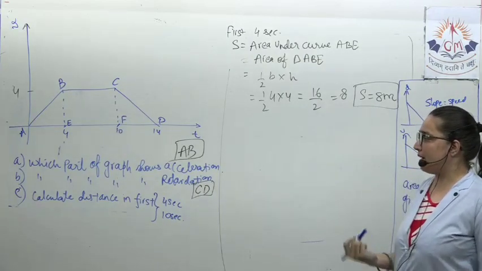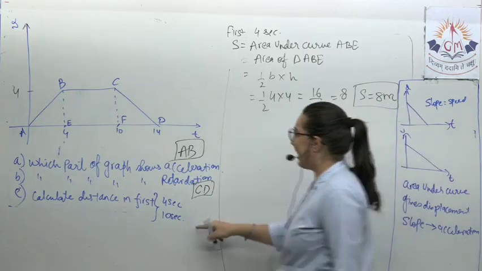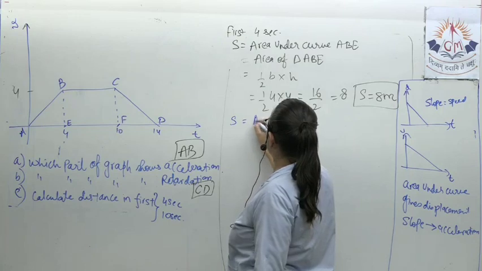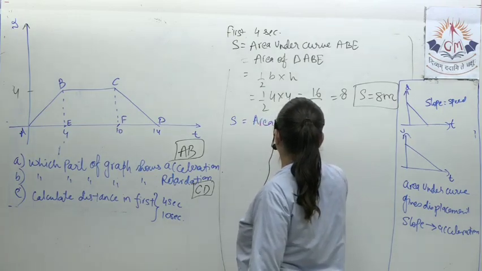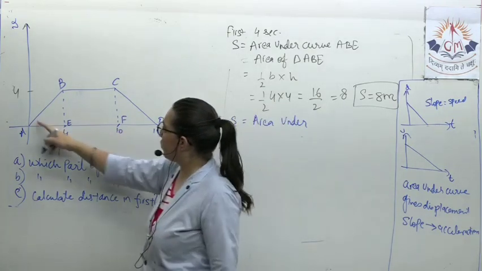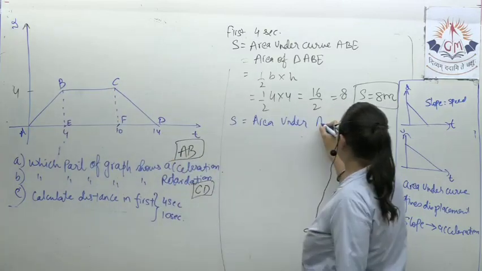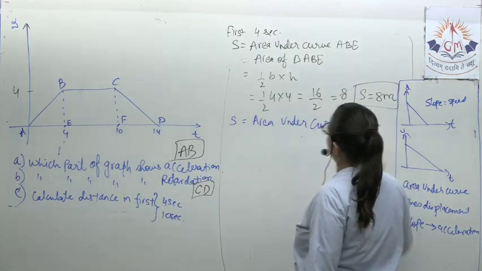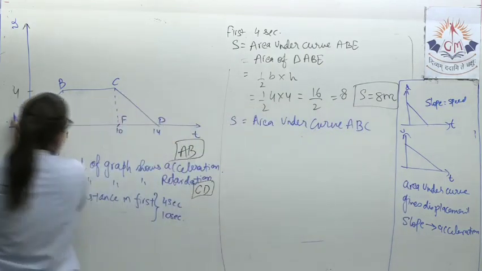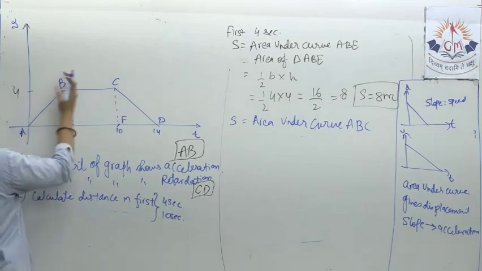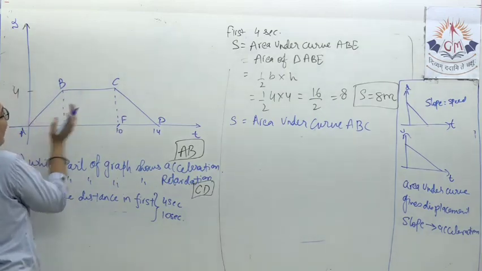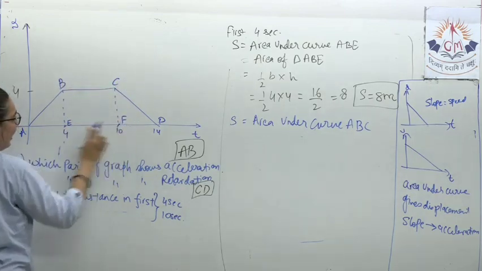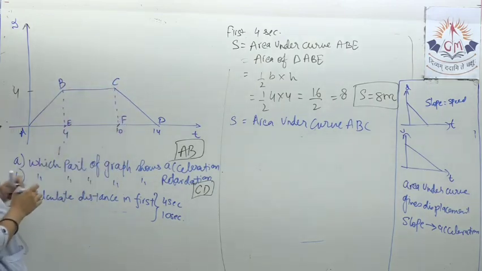Moving to the next part, that is the distance in the first 10 seconds. So S is equal to the area under the whole curve, that is ABCF. First we'll consider the area of triangle ABE, then we'll consider the rectangle BCFE.